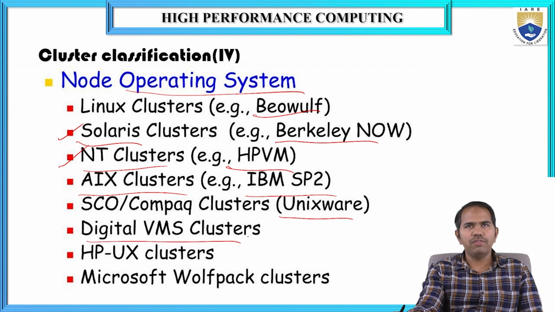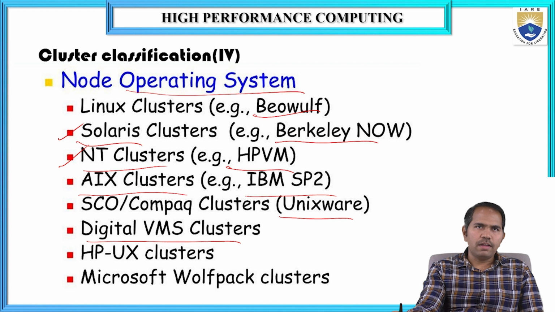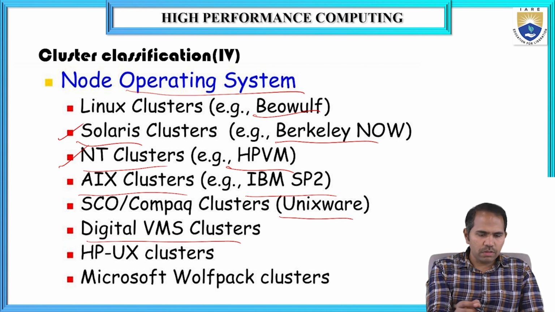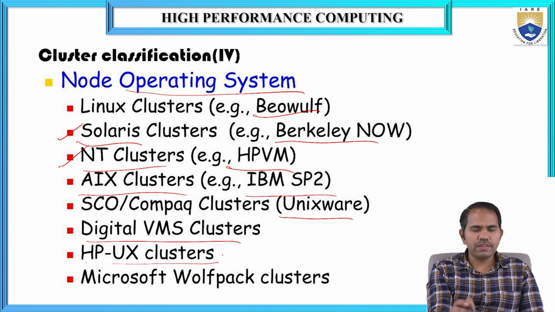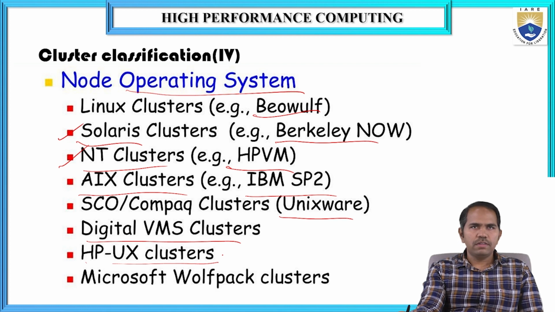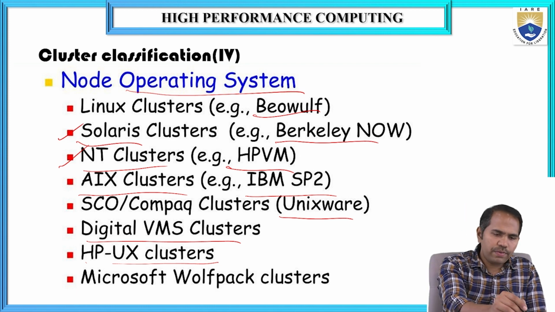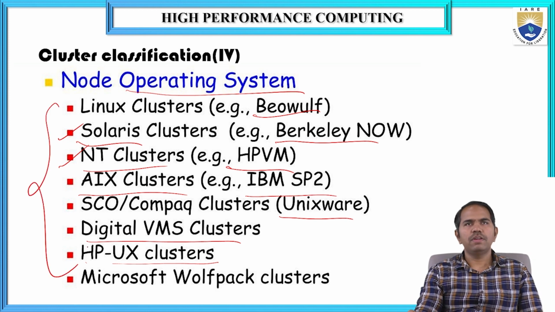Next is HP UX clusters, which are Unix clusters used by Hewlett Packard, and Microsoft Wolfpack clusters. So these are all the different node operating systems used in clusters. This is the fourth category.